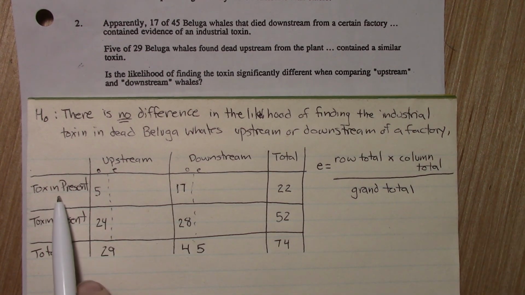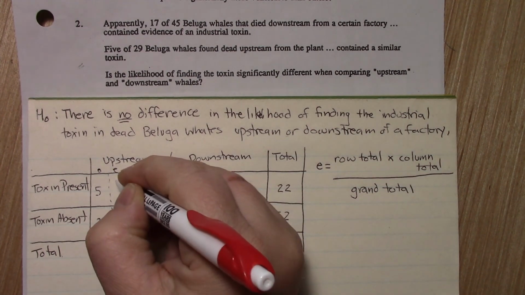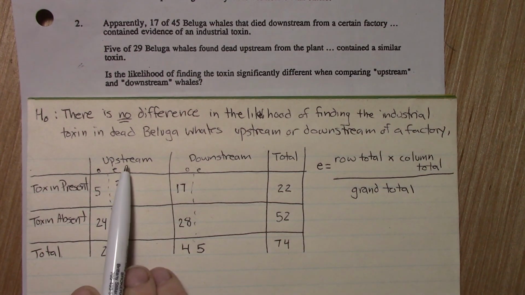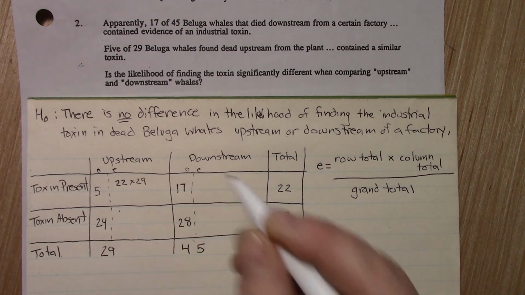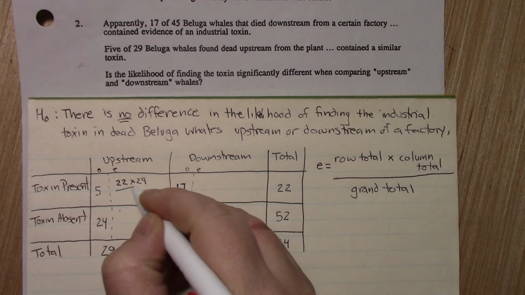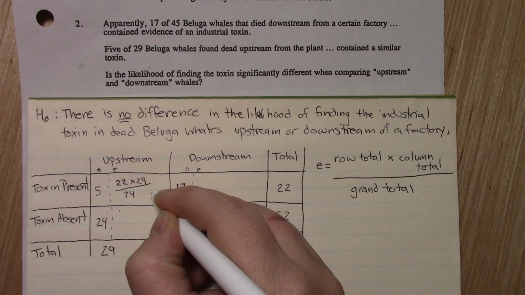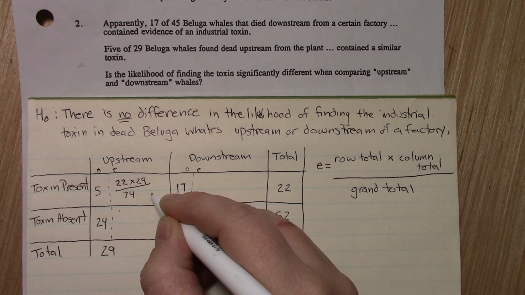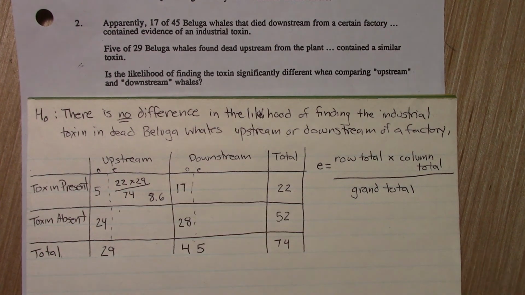So for here, where the toxin is present upstream, the row total is 22, and the column total is 29, and the grand total is 74, which gives us an upstream expected value here of 8.6.